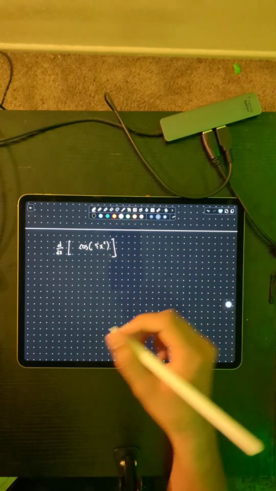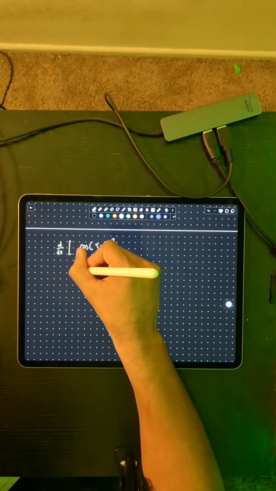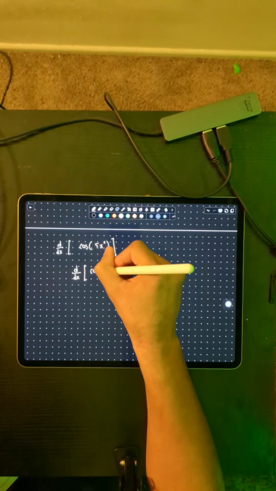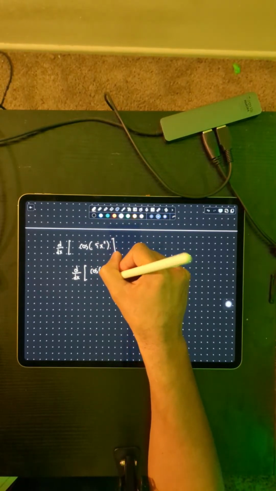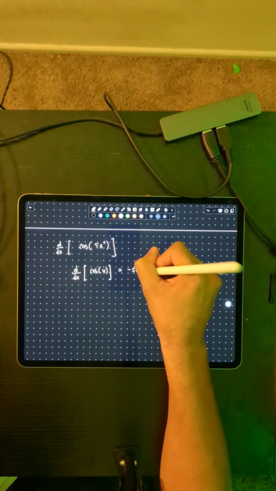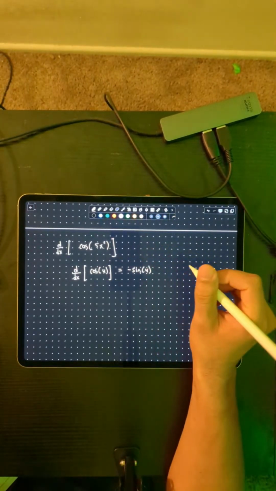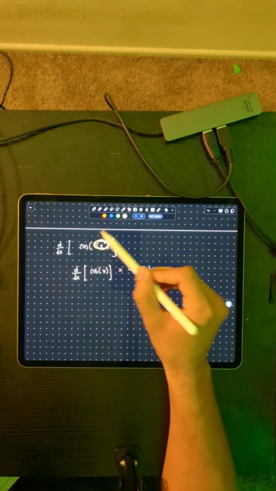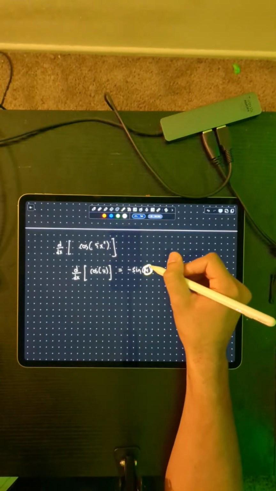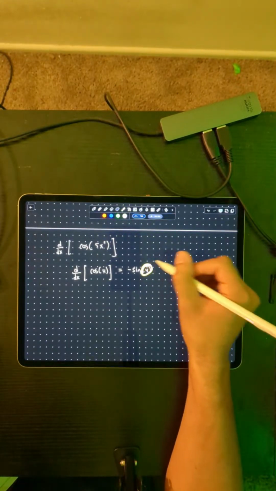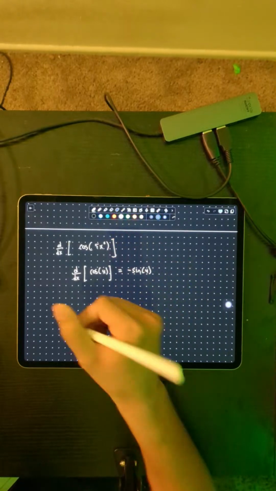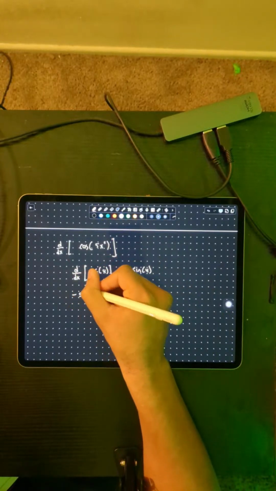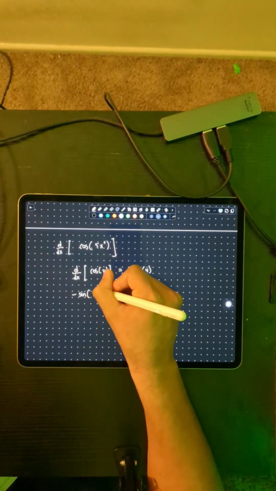So basically, we need to recall the derivative of cosine of u is going to be negative sine of u. Okay? Or u is just some arbitrary portion inside the parentheses here. So our u is 5x squared. So in this case, our derivative here of cosine of 5x squared is negative sine of 5x squared.